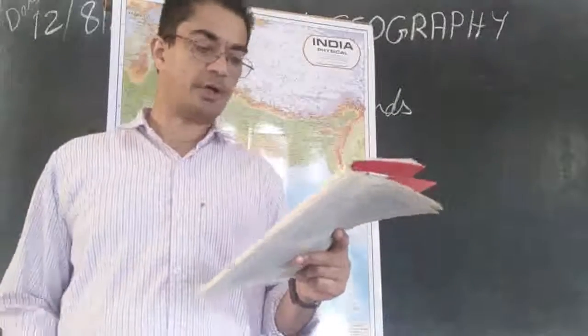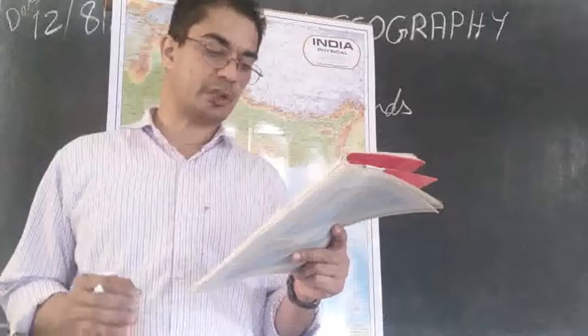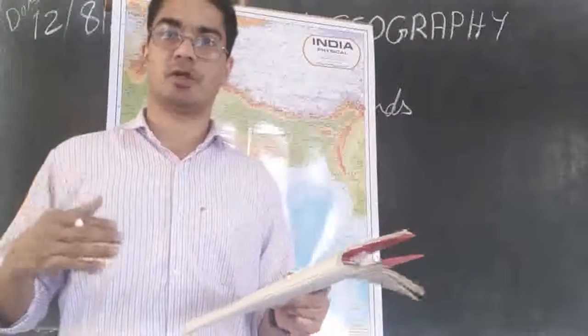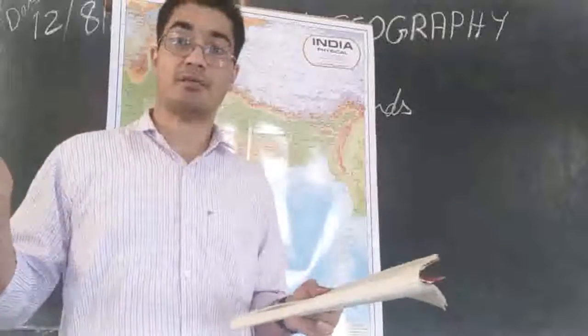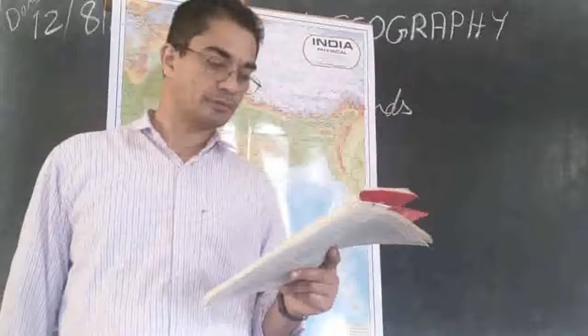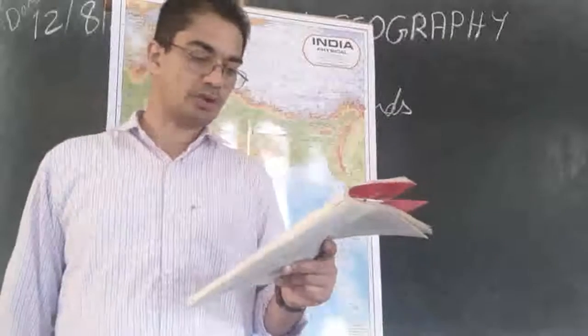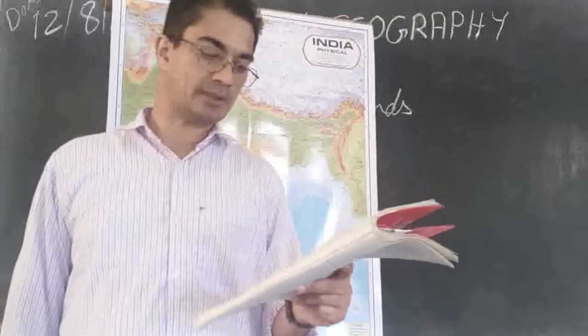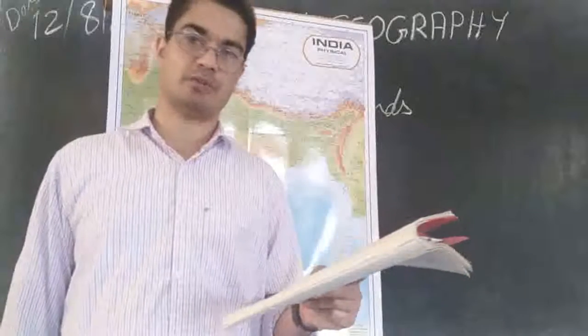Then a number of separate jet streams have been identified. So the scientists or the geologists have identified that there are so many jet streams. The most constant are the mid latitude and the subtropical jet streams.